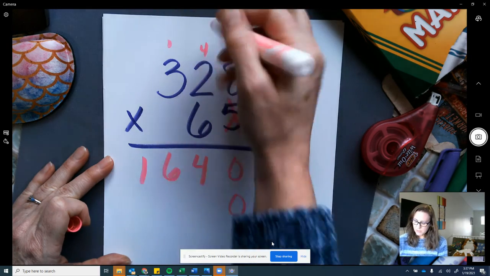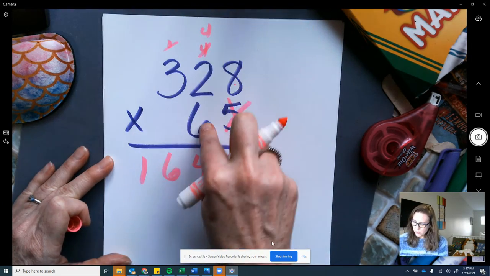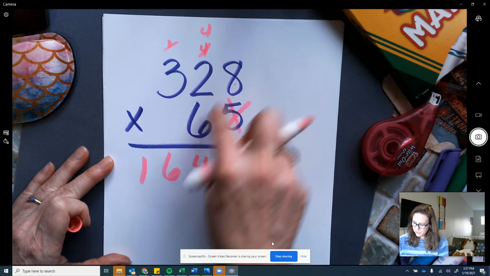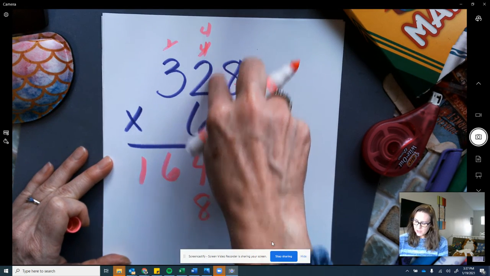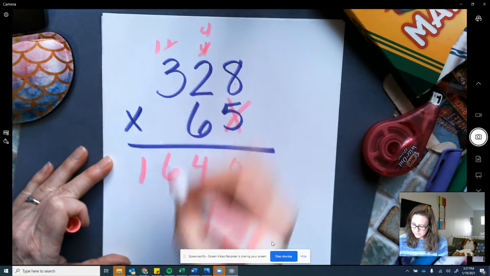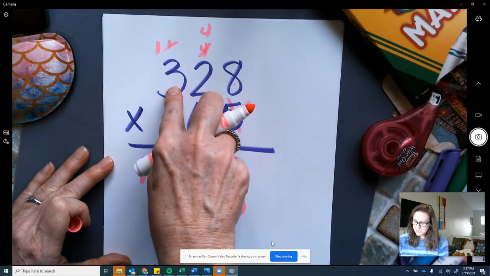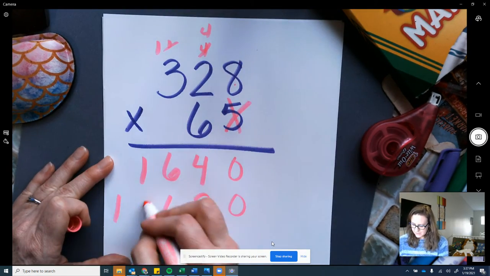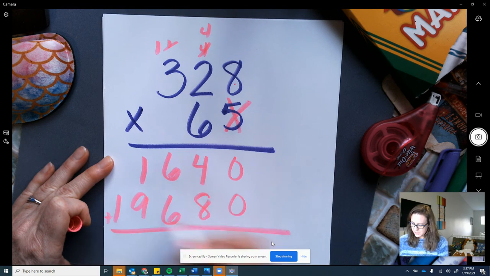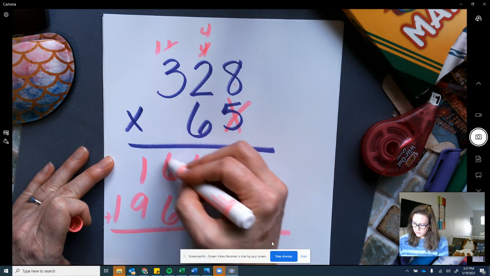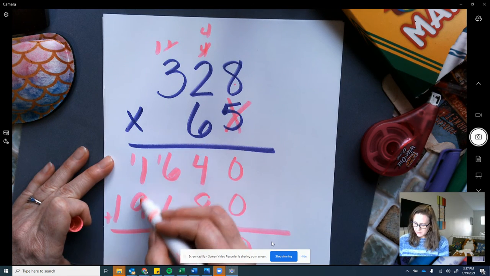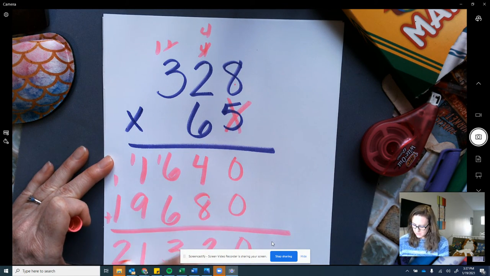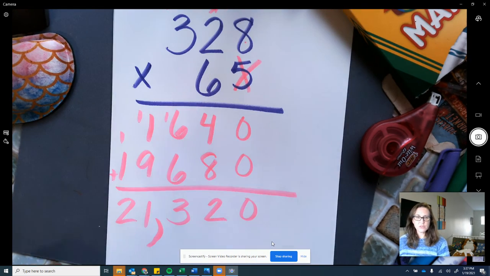Oh, I can just use that 4 again, but I'm going to go ahead and cross them out. 6 times 2 is 12, plus 4 is 16. 6 times 3 is 18, plus 1 is 19. I'm going to add those together. 0, 2, 3, 9, 1, 2, 3, 21,320.